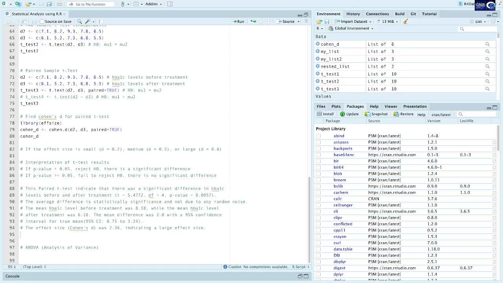So there is a high association between height and weight. In regression we would interpret it like this: weight increases by 5.5 kilograms for every 1 centimeter increase in height. This is the kind of interpretation we do from the regression analysis.